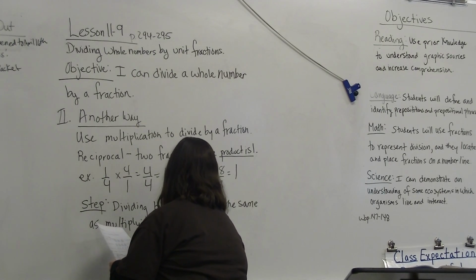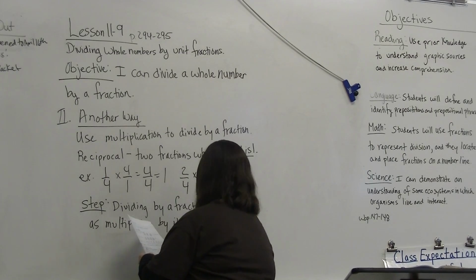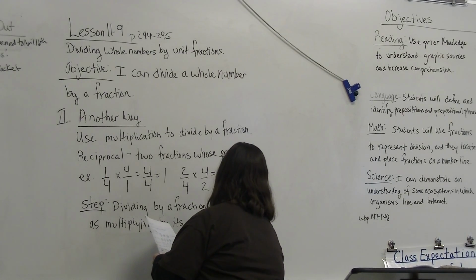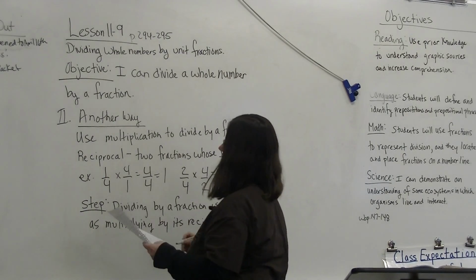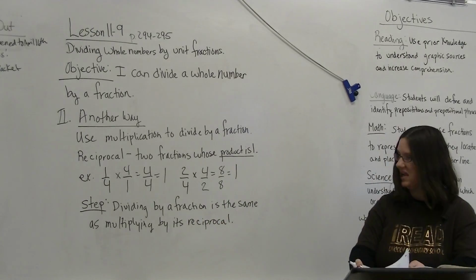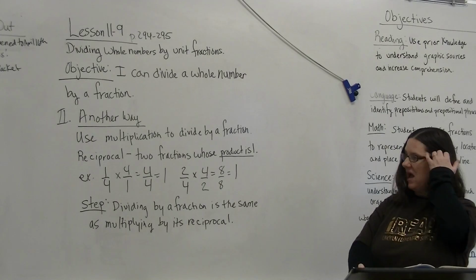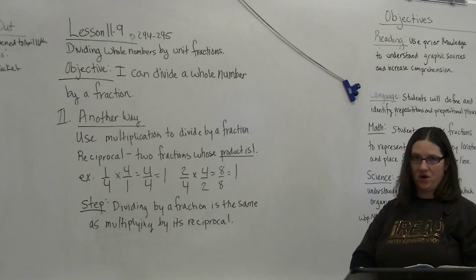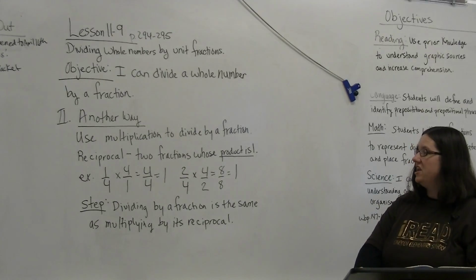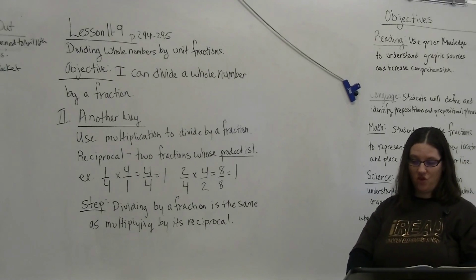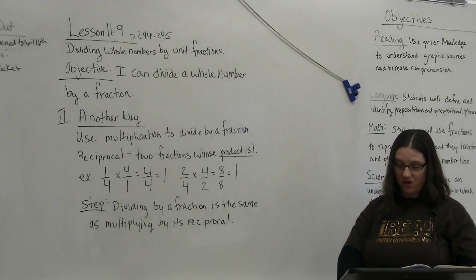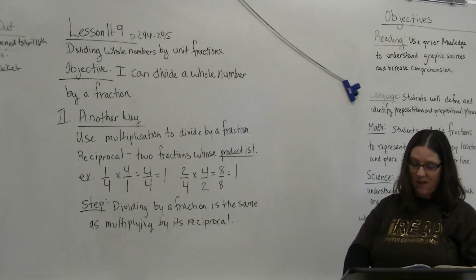Dividing by a fraction is the same as multiplying by its reciprocal. And here at this point, if you have questions, go ahead and put them down. And now we're going to do some actual examples together.